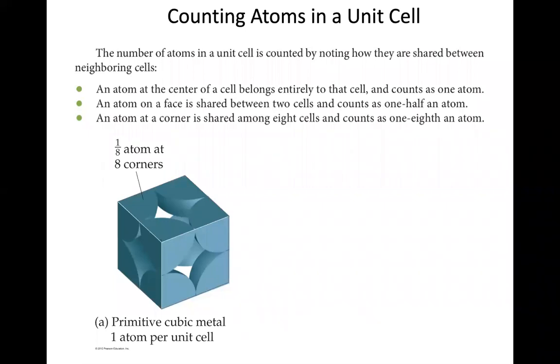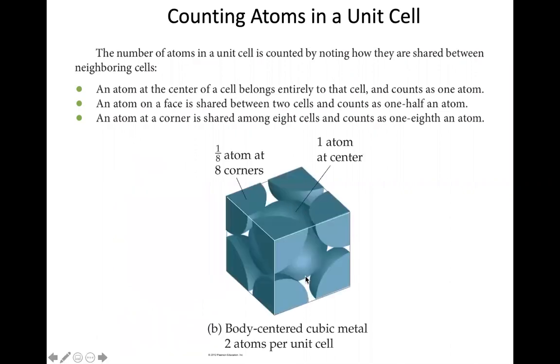Now, I'm not saying we have somehow chopped up the atom, but I'm just saying mentally, when we look at where it is found spatially, only 1/8 of that atom is found within a unit cell when it is on a corner. Now, what happens if we have something body centered? The one that is right in the middle, well, that could be entirely in the unit cell.